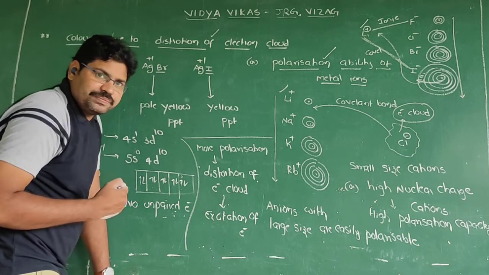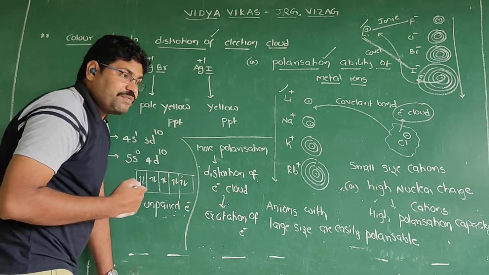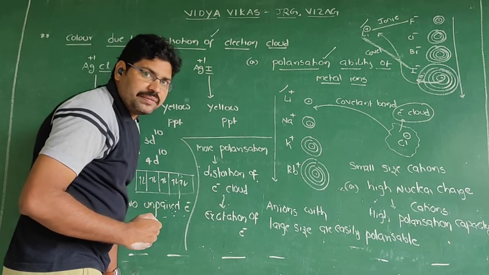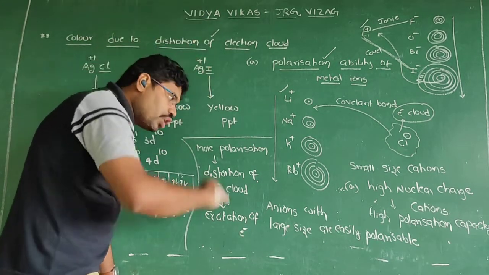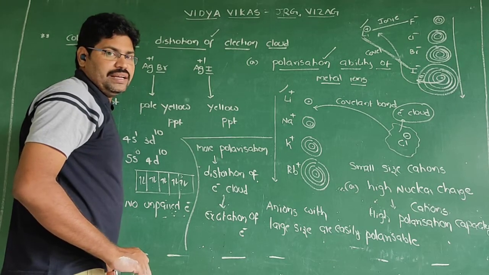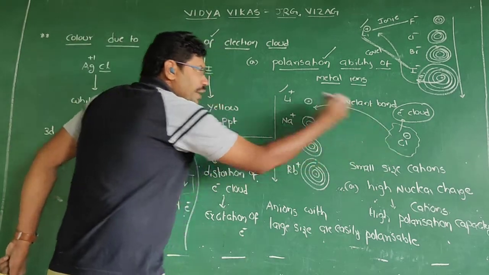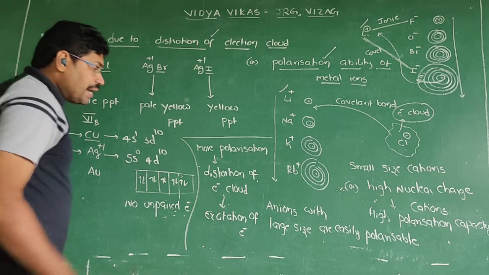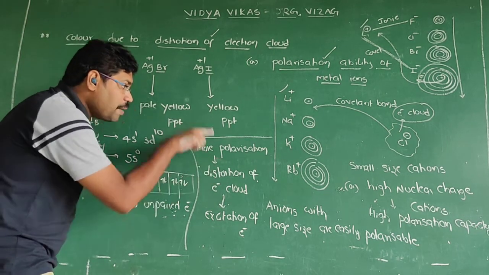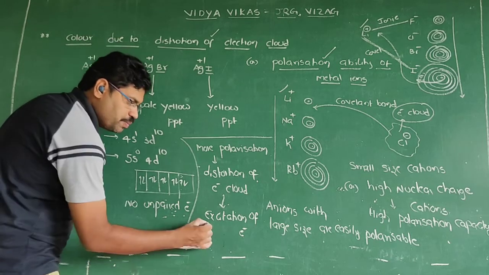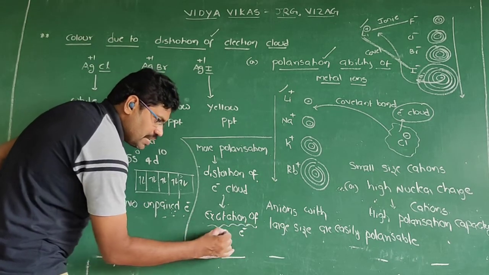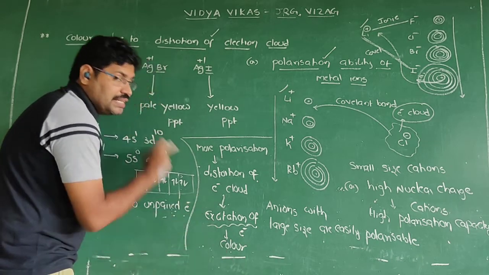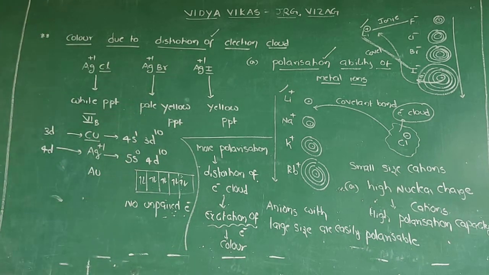During distortion, dear students, electrons jump from lower level to higher level. It is not at all stable there. Again, it comes back to ground state. Why? It moves from anion to cation. And that polarization, responsible for excitation of electrons, is further responsible for the color exhibited by such compounds.